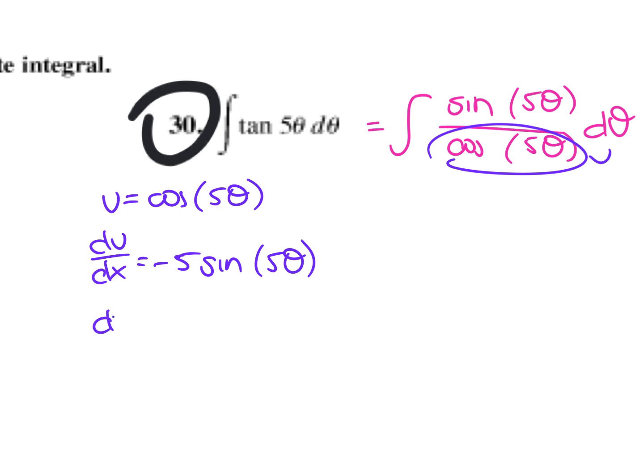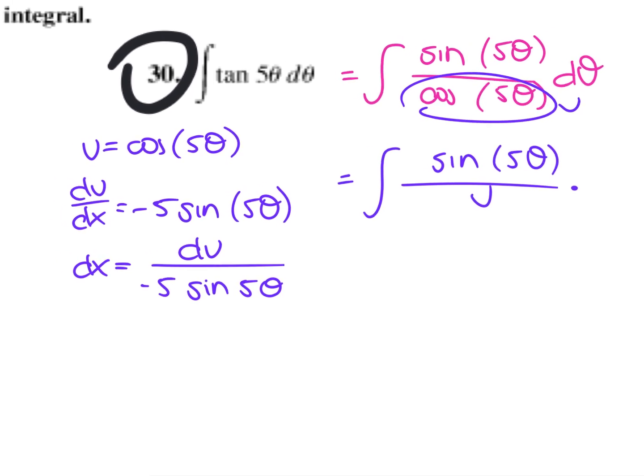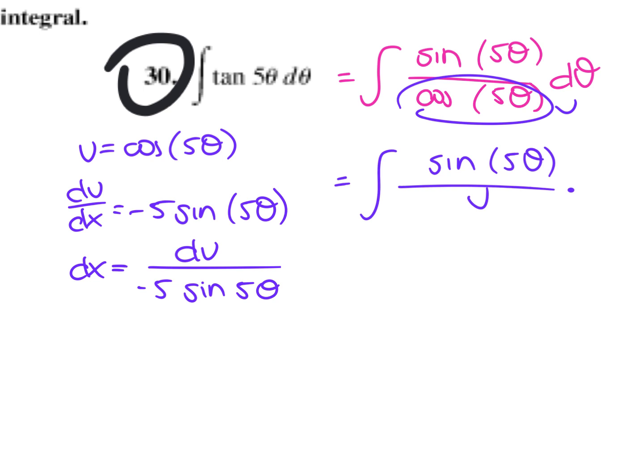Therefore, d theta is going to be equal to du over negative 5 sine 5 theta. So then if I go back and substitute this, that's going to be the integral of sine of 5 theta over u, times, in place of d theta, excuse me, these should not be dx's, d thetas.